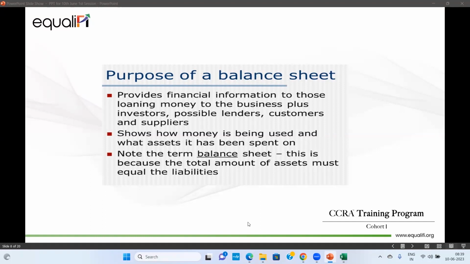Payables, receivables. Very good. Shareholder equity, debtors and creditors. Okay. But these are individual components of that.